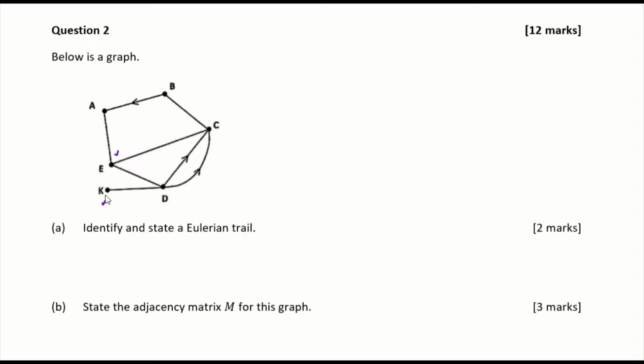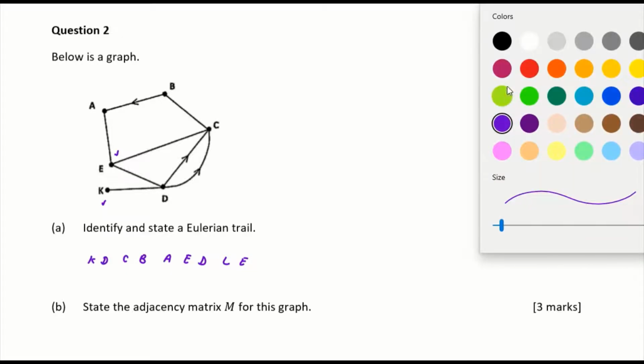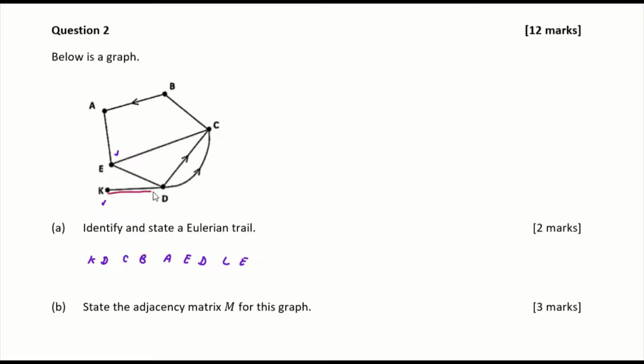The easiest way is to start with K, because obviously you can go from K to D, then from D to C, then B, A, E, and then go back to D, then C, and then E. So the whole route is K, E, K, D, C, B, A, then E, D, C, and then E. This is how you get the whole route here.